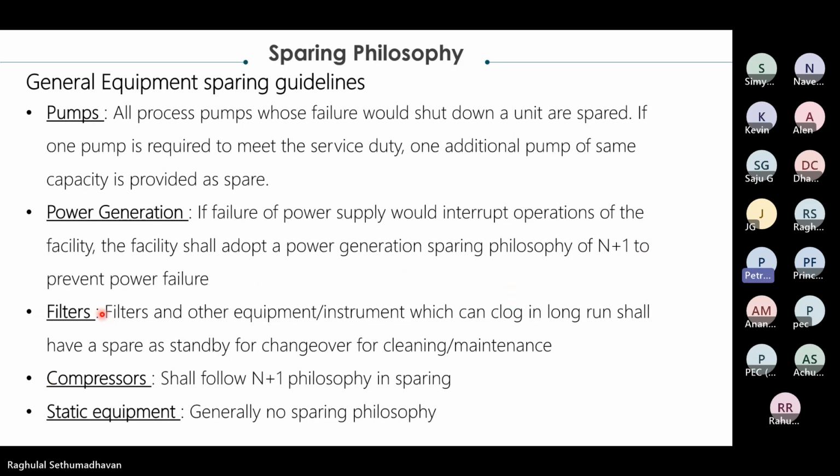Similarly, for filters, as you saw, if there is a change of requirement, we require spare filters. For compressors also N+1 philosophy. For any static equipment, generally there is no spare considered, like tanks or vessels.